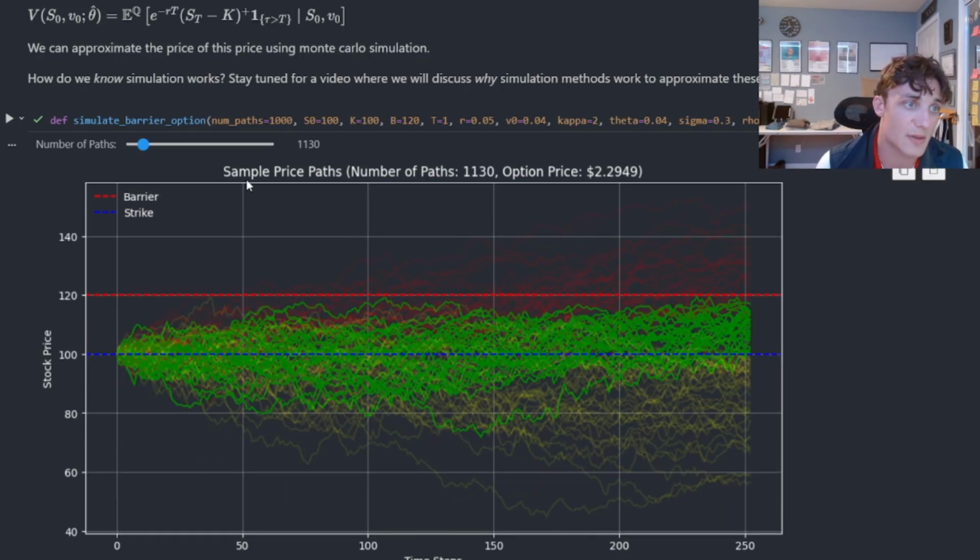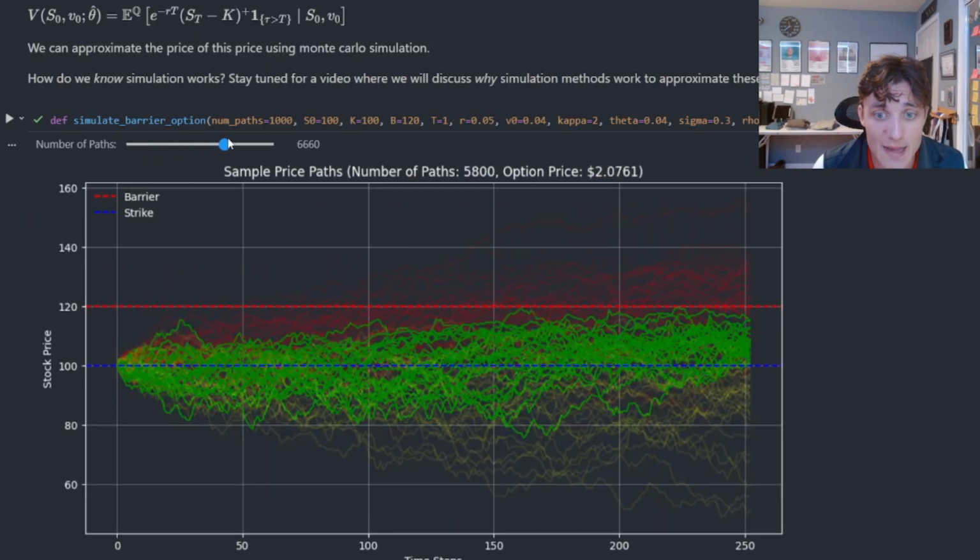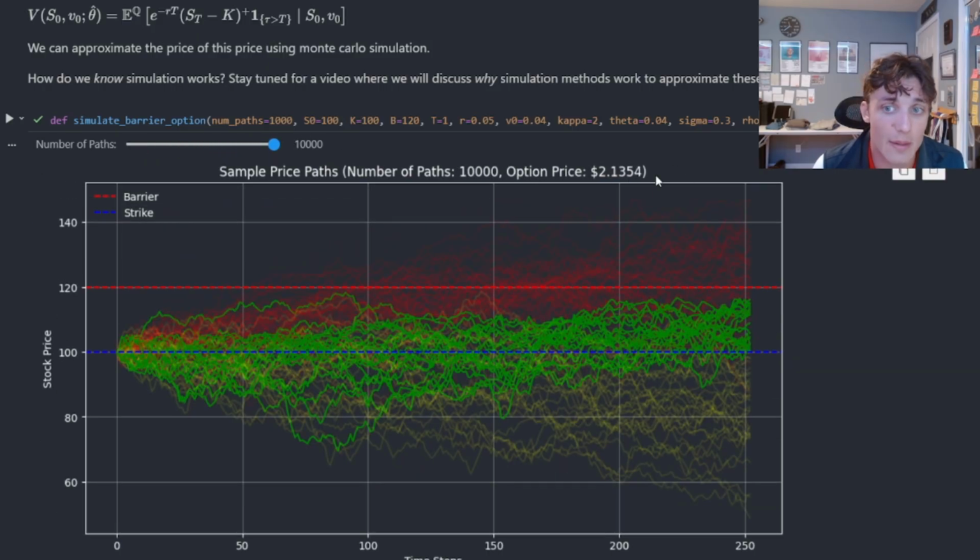As you can see, as I increase the number of sample paths in this Heston framework, remember this Heston framework is assuming that the underlying asset's random and the volatility is random. You can see that some of them, the green ones, are expiring in the money and they didn't touch the barrier, where the red ones hit the barrier and the yellow ones expired out of the money, so below the strike price.